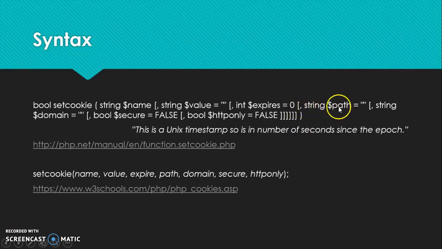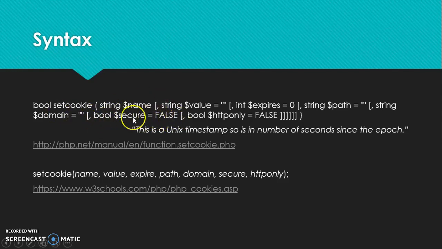We have also the string path. The string path is where in the server the cookie will work. We have the domain property. This domain parameter is what domain the cookie will work for. For example, if I set youtube.com, it means that the cookie will work in youtube.com and in its subdomains also.